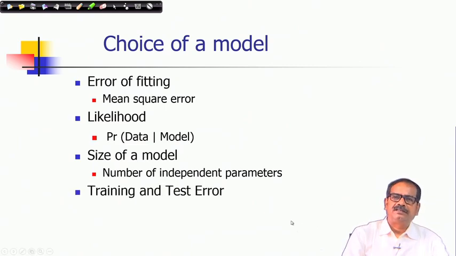So, regarding this, when you are evaluating the performance of a model, there are two particular types of errors you should note. One is training error, another is test error. This term came from the machine learning perspective. When we are fitting a model using a set of data, that is the training operation.